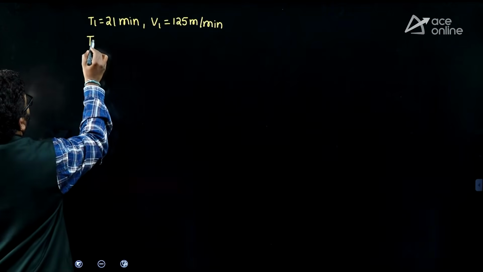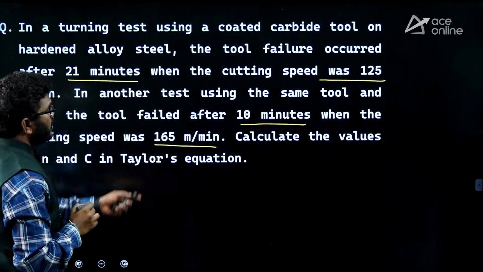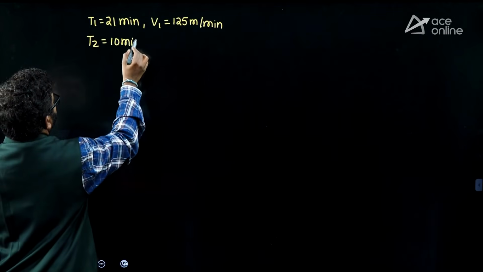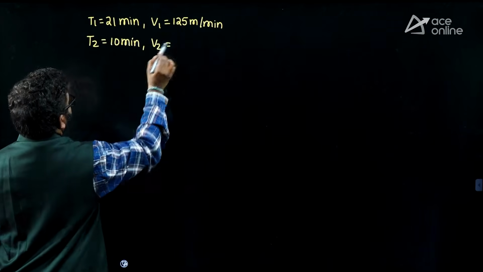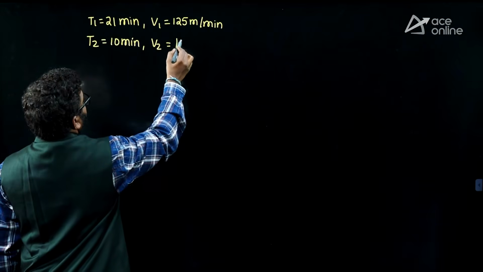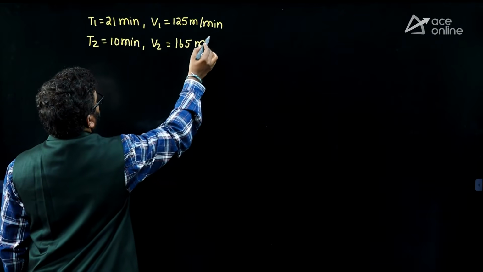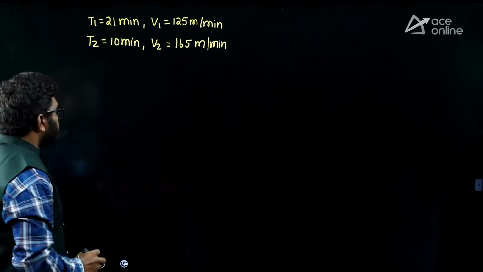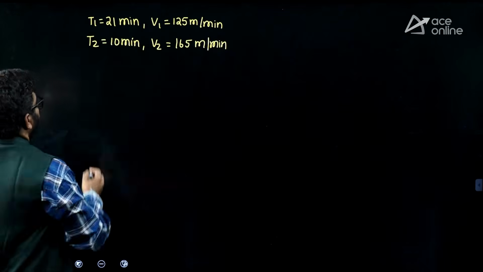Then T2 is 10 minutes and V2 is 165 meters per minute. Now, I am using Taylor's tool life equation.